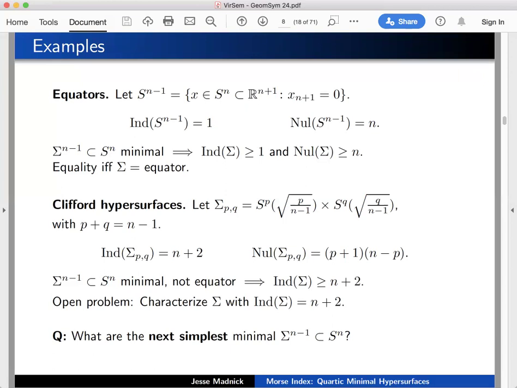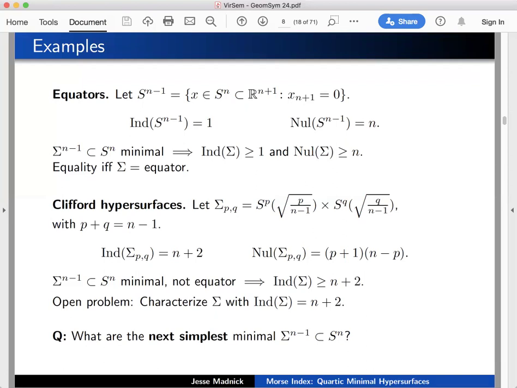Perdomo has shown that this is true under a symmetry assumption, and Francisco Urbano has characterized the Clifford hypersurface as the unique such with index n plus 2. Urbano has shown this in the case n equals 3. In fact, that was a very important ingredient in Marques and Neves' resolution of the Willmore conjecture. So having these sorts of characterizations is quite powerful. But the general problem remains open.